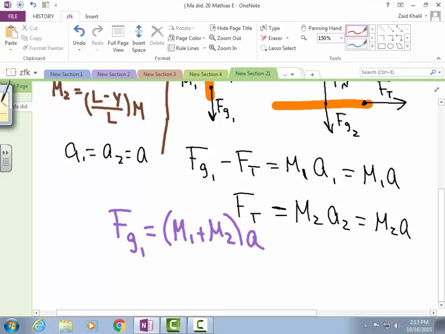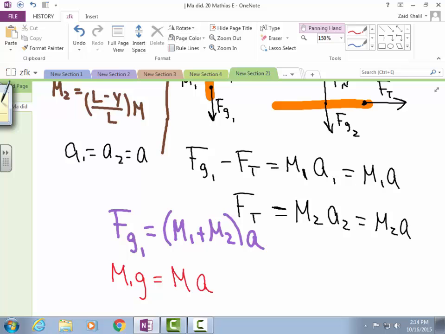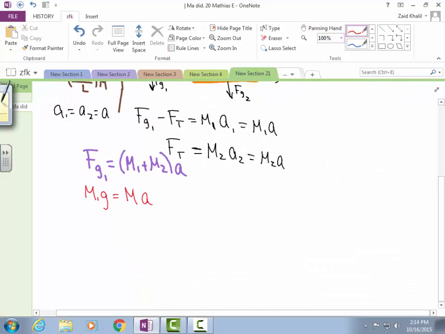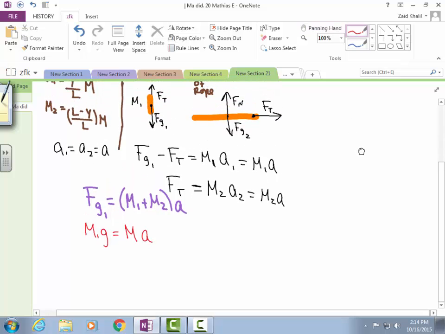So here on the left-hand side, what's Fg1? Which M? M1G equals big M times A. But what's M1?